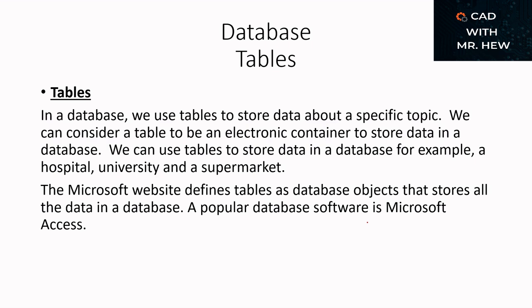Now, the database comprises tables. So in a database, we use tables to store data about a specific topic. We can consider a table to be an electronic container that is used to store data in a database. We can use tables to store data in a database, for example, a hospital database, a university database, or a supermarket database.